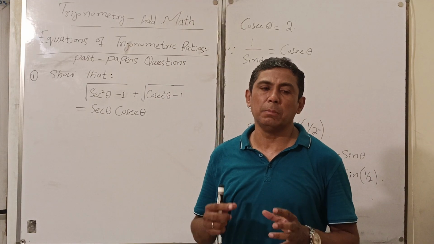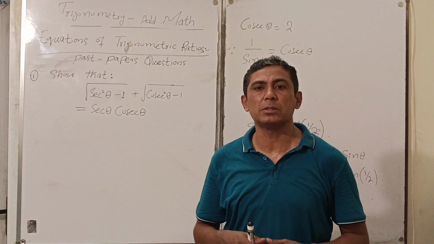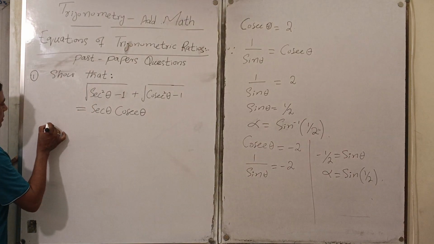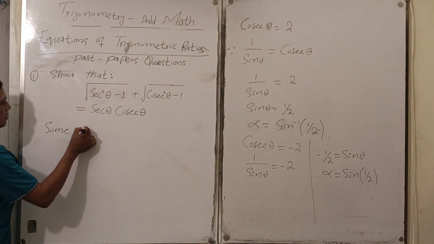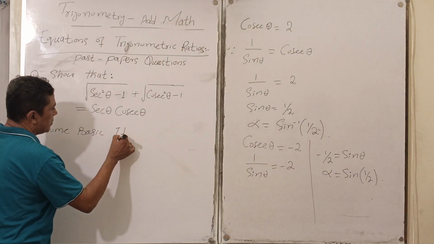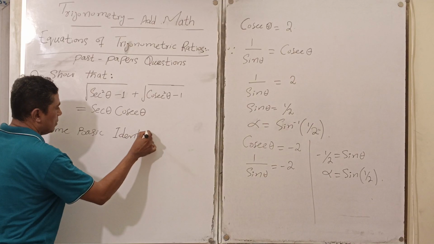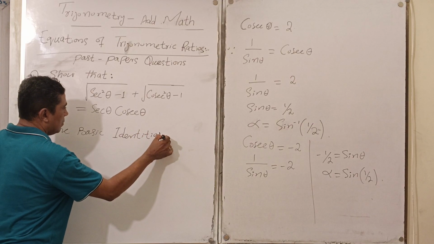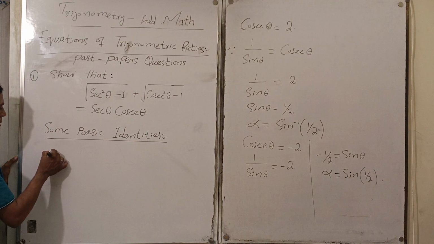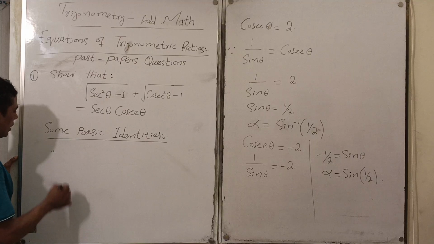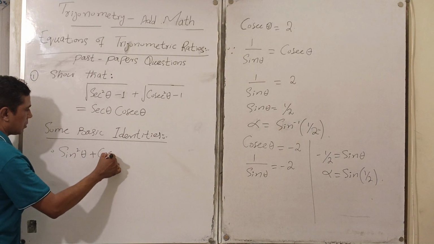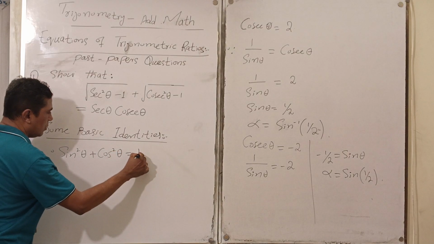So there are some basic identities, formulas or equations for trigonometric ratios. What are the basic identities? Number one is sine square theta plus cos square theta equal to 1.